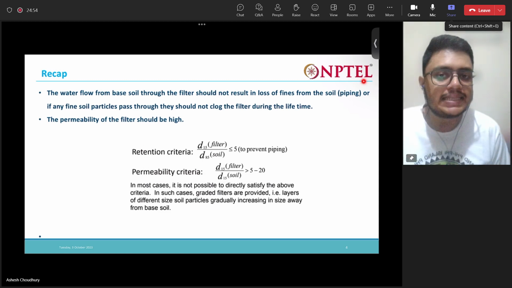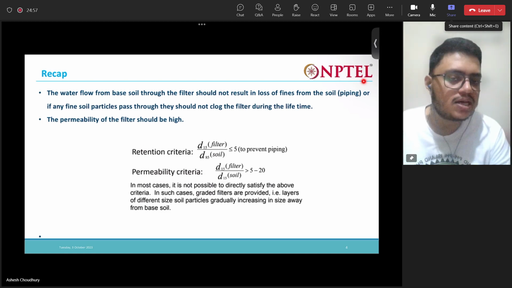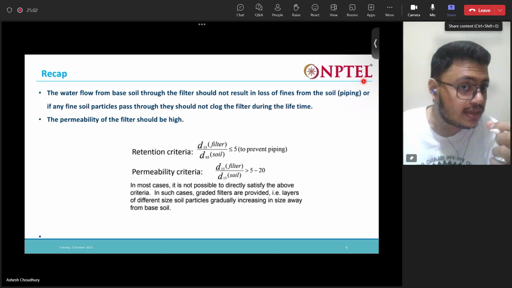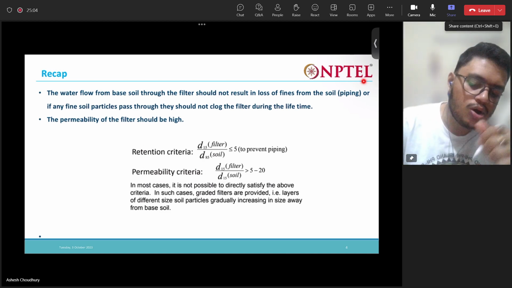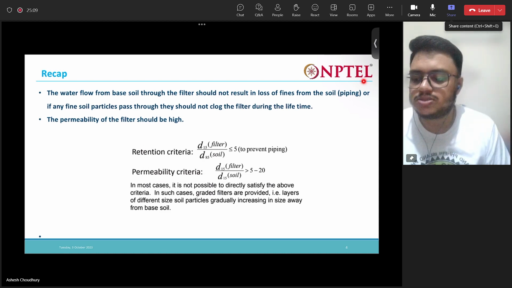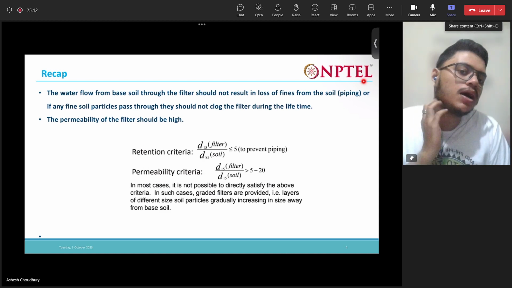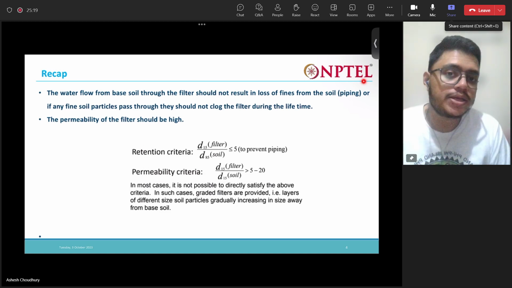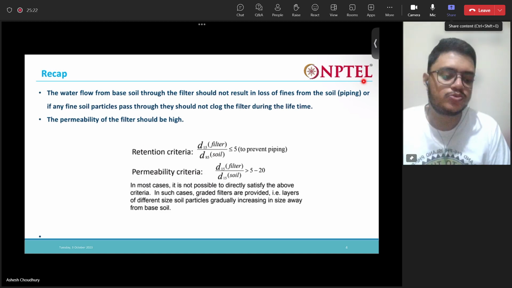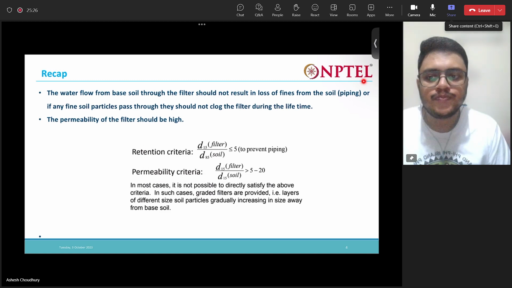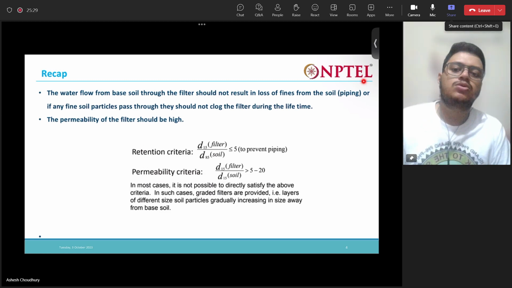The second thing is that the fine particles entering the filter should not clog the pores of the filter during its lifetime.